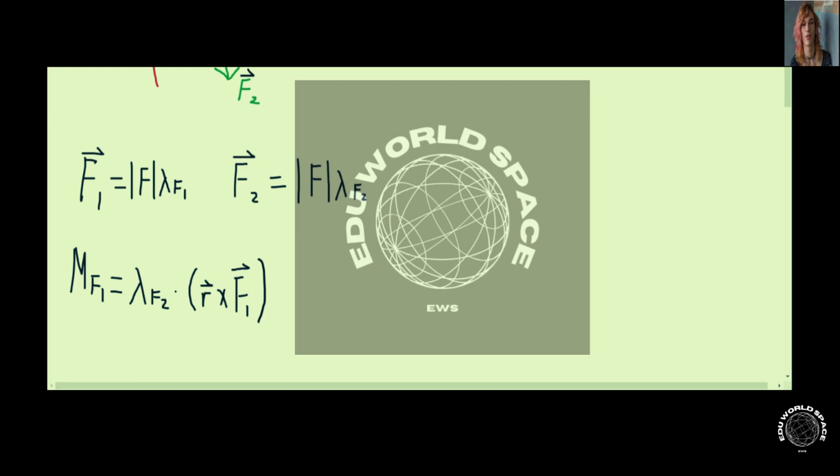And what we can do is take this expression here and plug it into this term. So that's going to look like the unit vector of F2 dot r vector cross magnitude of F times the unit vector of F1.